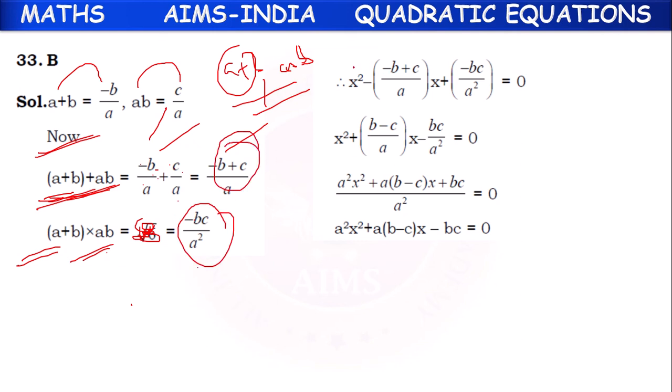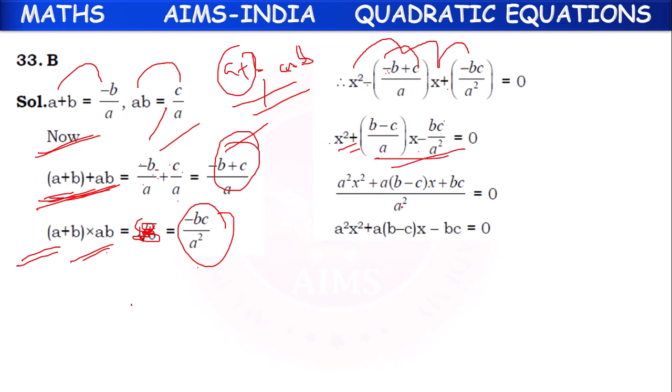This is the product, this is the sum. Now the equation is x square minus sum of roots into x plus product of roots. X square, this minus will come outside, signs will change inside. Minus will come outside means it will become plus. Inside signs will change, it will become b minus c by a. This minus will come outside, minus bc by a square.